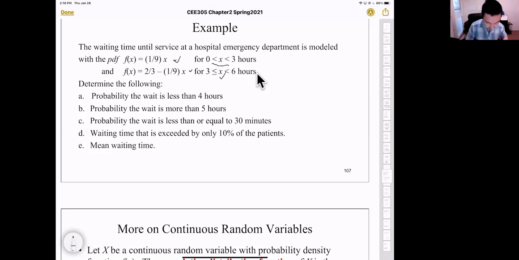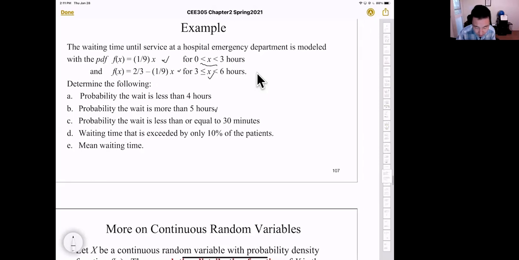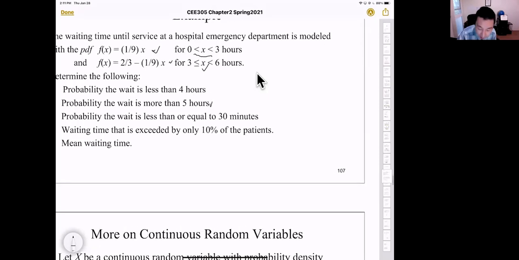The question is asking a series of questions. For example, the probability the wait is less than 4 hours, or the wait is more than 5 hours, or the wait is less or equal to 30 minutes, and so on. So first of all, let's get an idea of what the curve looks like. What's the shape of the curve?